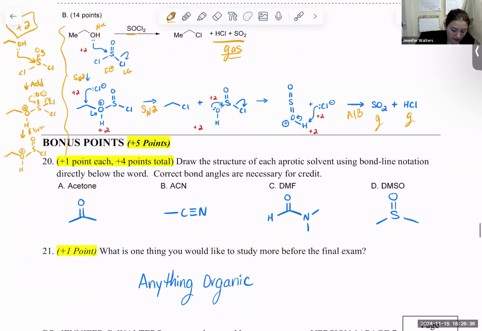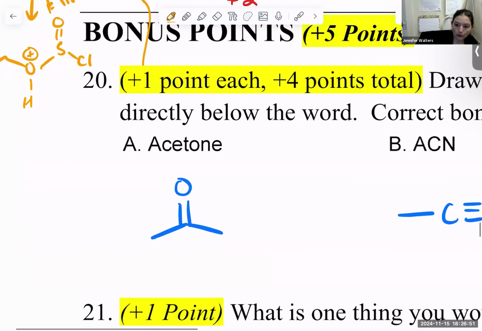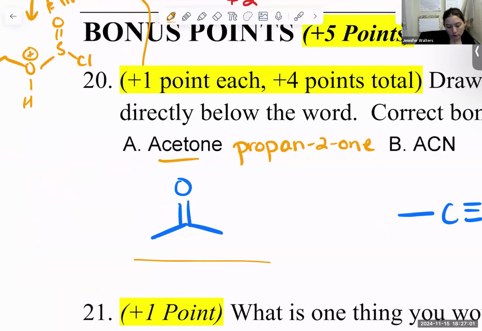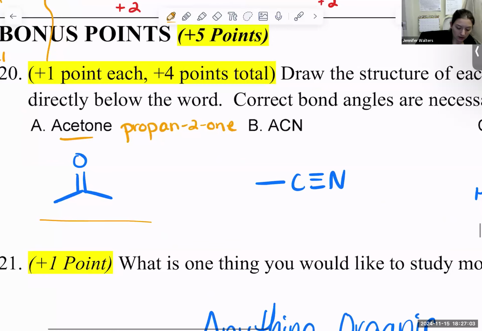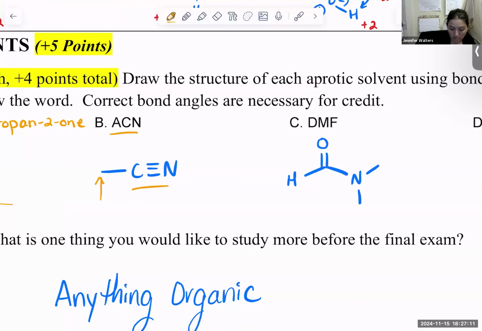Cool. So then for 20, the bonus was just, do you know what these common solvents are for the aprotic solvents? So for the acetone, that is propan-2-one. We said the common name was acetone, but it is propan-2-one, so it's that thing. Acetonitrile is the methyl nitrile. So that's that thing.